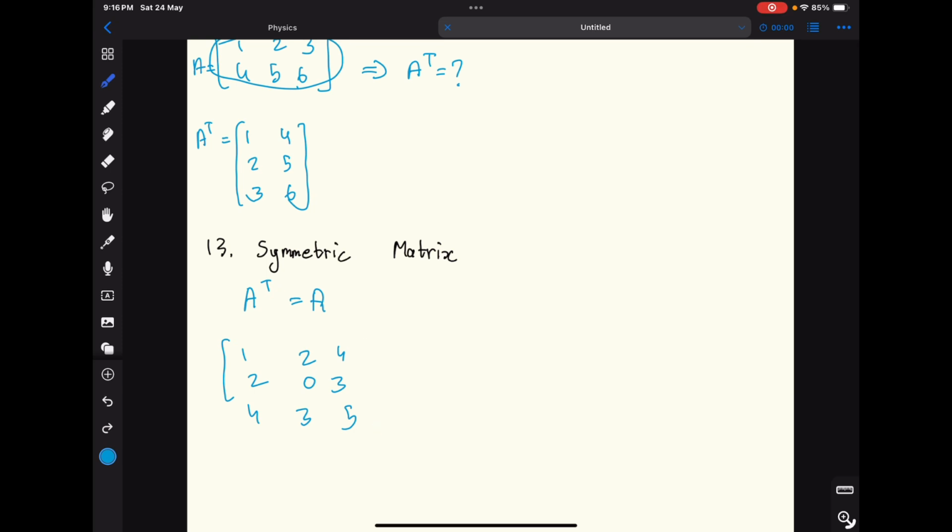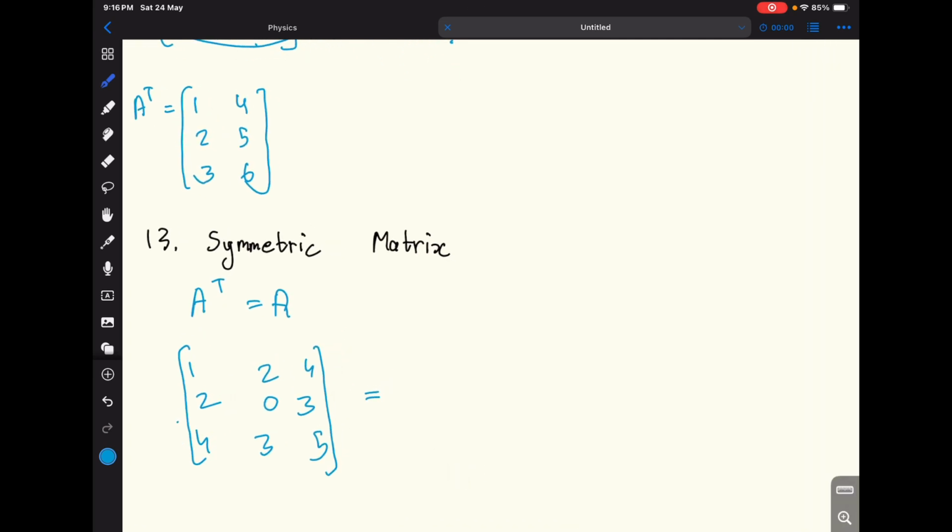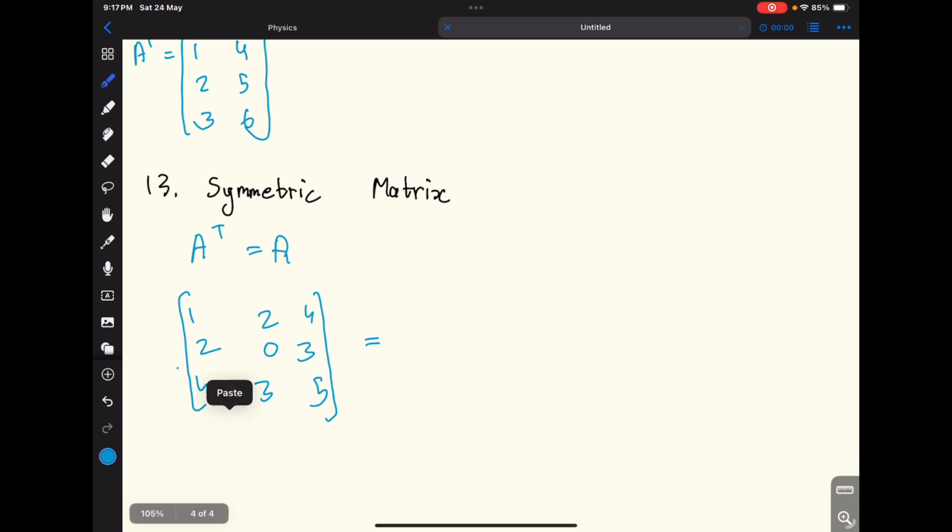My handwriting is not good. Please kindly adjust with it. I'll try my best to improve it. Now when we transpose this, we have to convert rows into columns: 1 2 4, 2 0 3, 4 3 5.